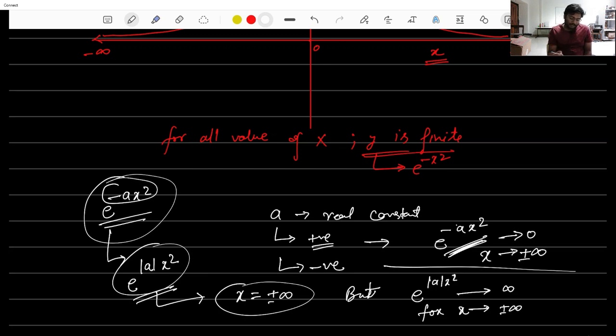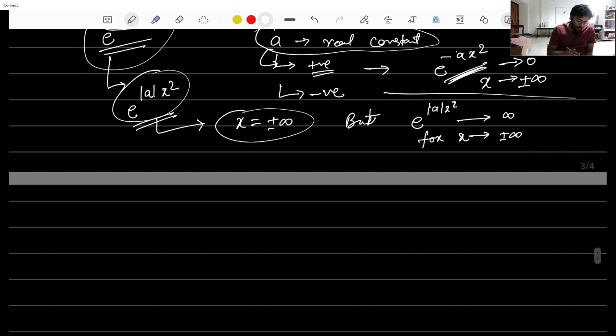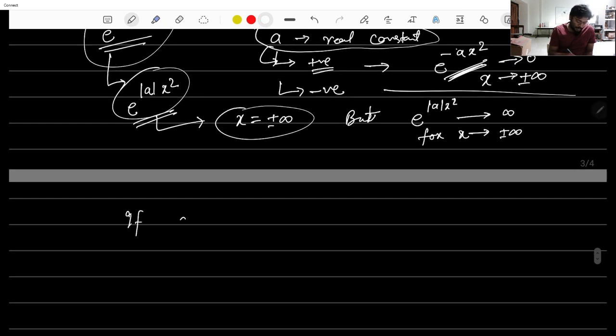That is why it is necessary that if a is a real constant, then it must be positive, and if a is a complex number, then it is necessary that the real part of a is greater than 0.